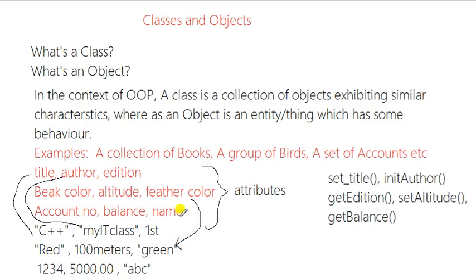This green is a state. Feather color is an attribute of class bird. Altitude, what altitude does it fly? The bird flies 100 meters. What is the beak color of that bird? It is red. So what are these? These are states of an object. The attributes of a class will give you states.